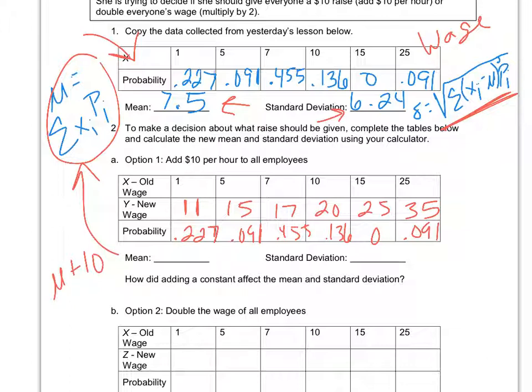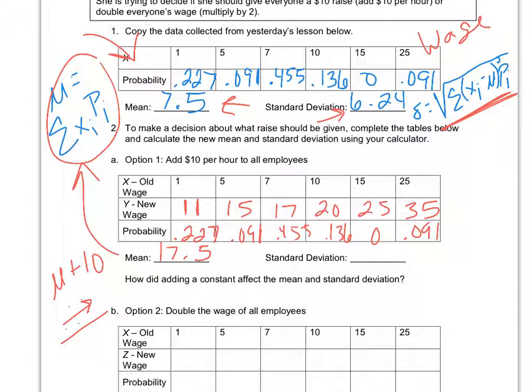Remember when we talked about this before, basically all we've done is take the various data points along the number line and shift them over 10 places. So my mean is still located in the same spot within the data set. It's just going to be a value of $10 higher this time. So in this case, our mean would be 17.5.